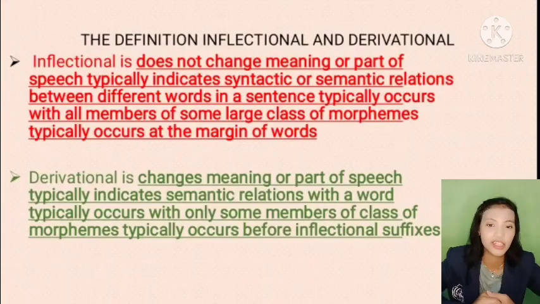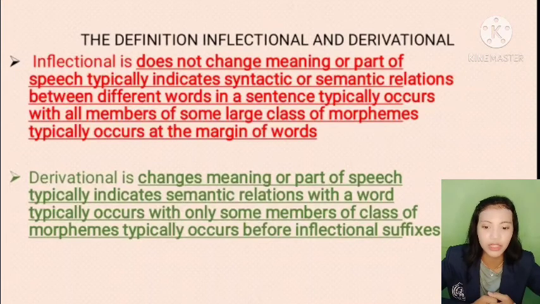The third thing you must know about morphemes: I would like to explain the definition of inflectional and derivational. Inflectional does not change meaning or part of speech. Typically, it indicates syntactic or semantic relation between different words in a sentence.